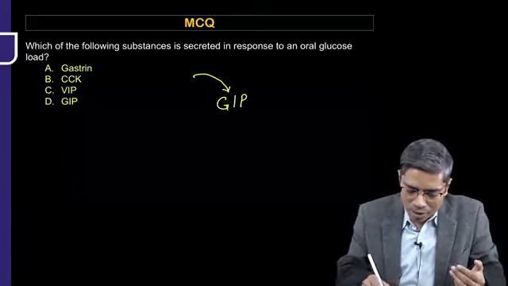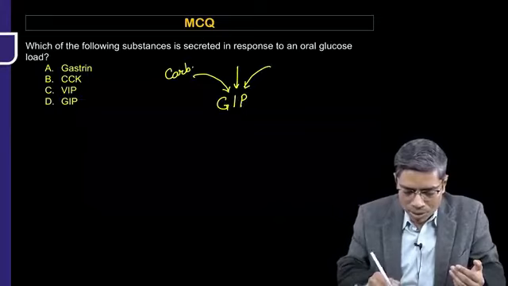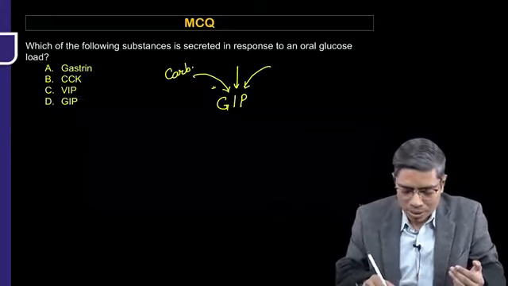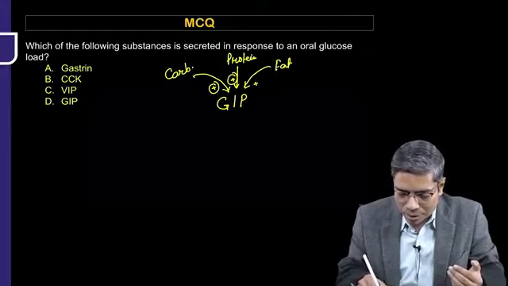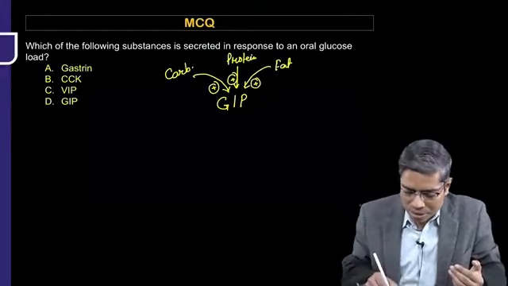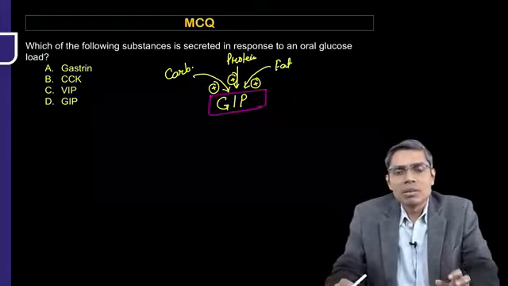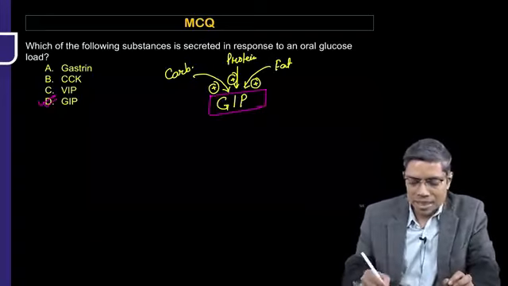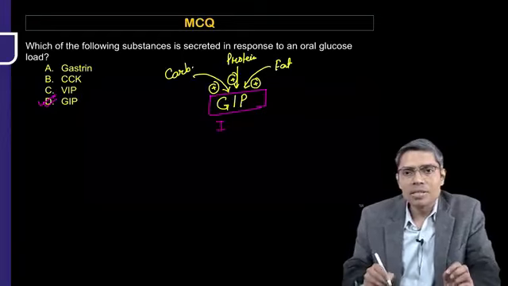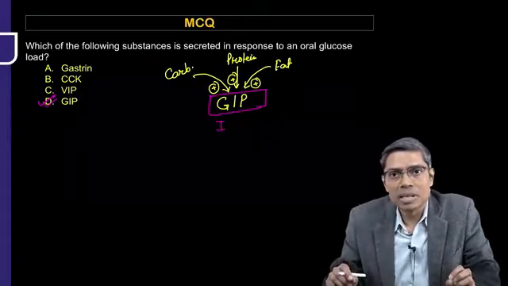This is the only GI peptide which is stimulated by all three different types of food. Carbohydrate is a stimulus, protein or peptide is also a stimulus, and fatty food is also a stimulus for this peptide. Now, what is the function of GIP? GIP acts at the pancreatic beta cell for the release of insulin.